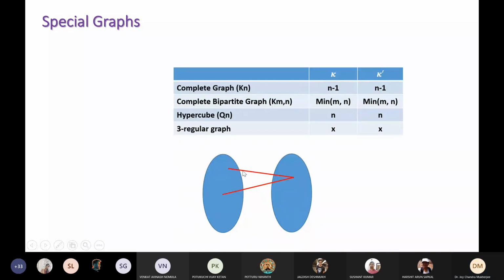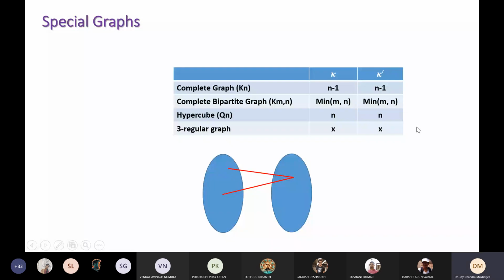And if I delete this edge, then also it is disconnected, because there is a single vertex here, there are two vertices here. So the minimum edge cut or edge connectivity is also the minimum of M and N, where M and N are the sizes of the partite sets. M is the number of vertices in one partite set and N is the number of vertices in the other partite set.